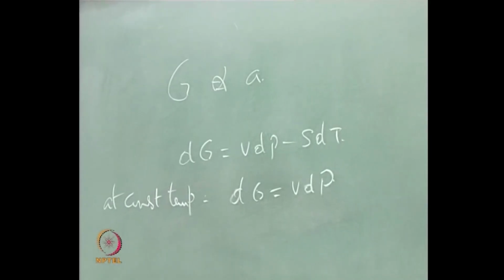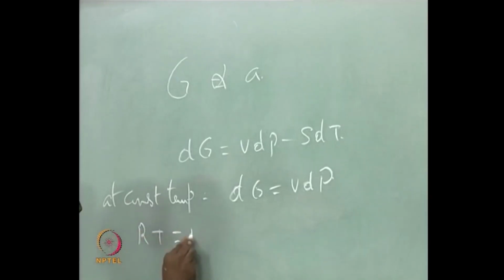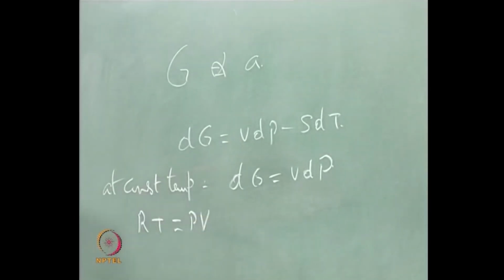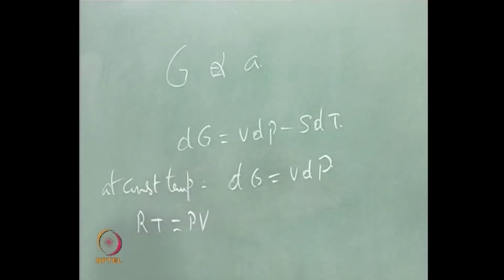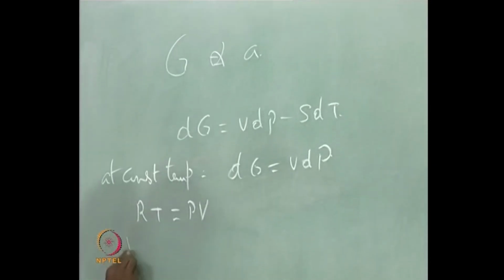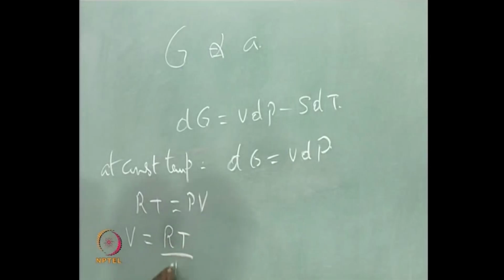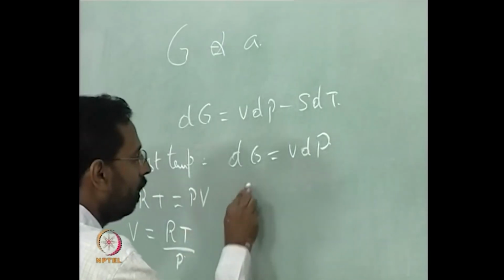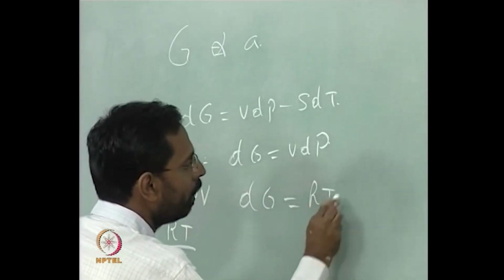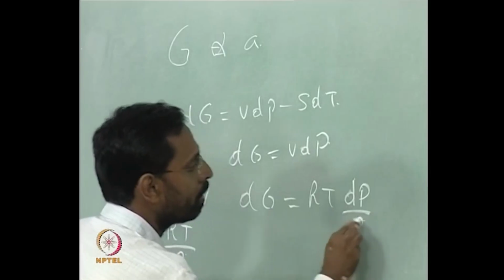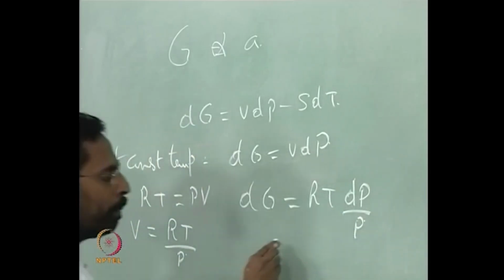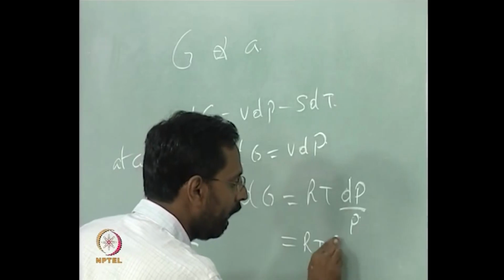And if we assume that there are gases involved in the reaction, we can use the ideal gas relation, where RT equal to PV, and then use this V in terms of RT and P and write V equal to RT by P. Once we write that, we can write the dG as RT dP by P. RT dP by P is RT d ln P.